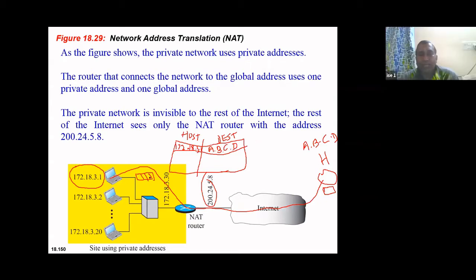So when a packet was sent by this particular host, a network address table was maintained.